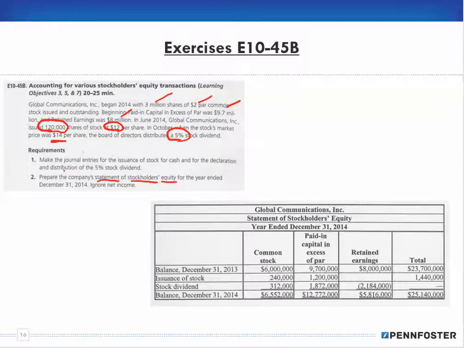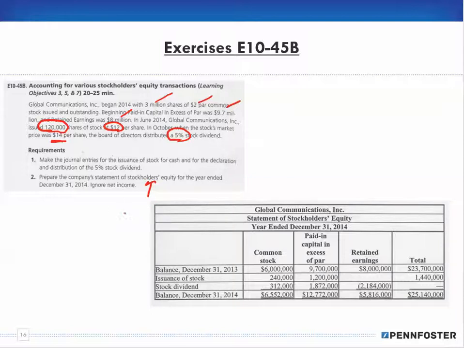Okay, it doesn't say prepare the company's stockholders' equity. It's the statement of stockholders' equity for the year ended December 31st, and ignore net income. So go back and watch the previous video if you're not sure about what the statement of stockholders' equity is.